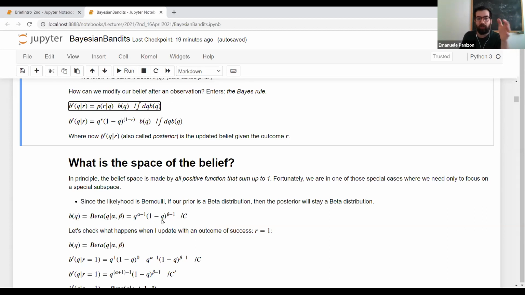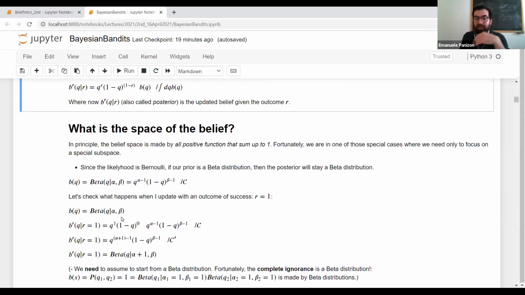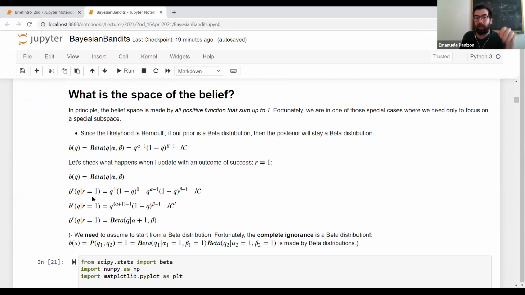You can see that this beta function has a very similar functional form to the likelihood. And in particular, let's say my belief, for some reason, has a beta form with alpha and beta, and then I do one observation and I get a success. I could have got a success or I could have got a fail. I got a success.